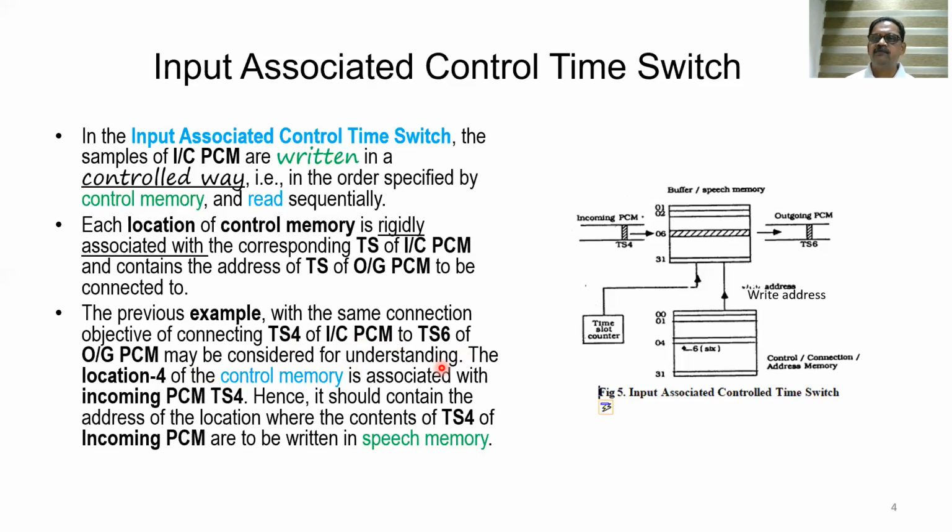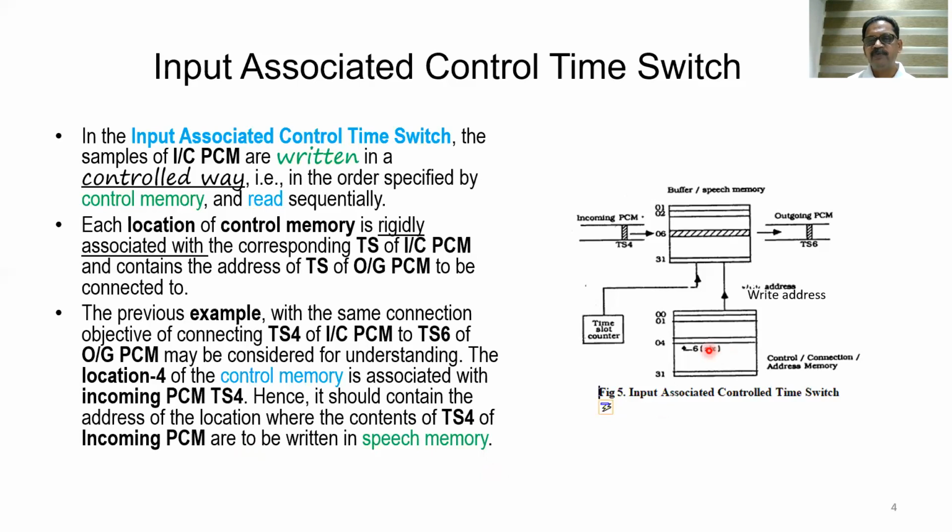So in case of input associated control, what is the sequence of operation? The location 4 of the control memory is associated with the incoming PCM TS4. This fourth location is associated with the incoming PCM time slot 4. Hence, it should contain the address of the location where the contents of the TS4 of the incoming PCM are to be written in the speech memory.